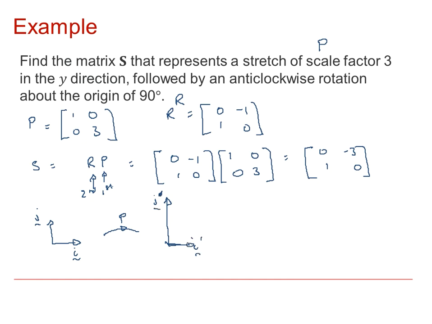And then we follow that by an anti-clockwise rotation of 90 degrees, which is R, and so we end up with i double dashed being here, and j double dashed in that position. So again, you can see that j double dashed is the vector (-3, 0), and i double dashed is the vector (0, 1).